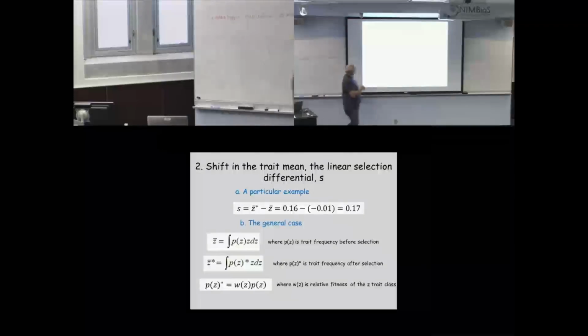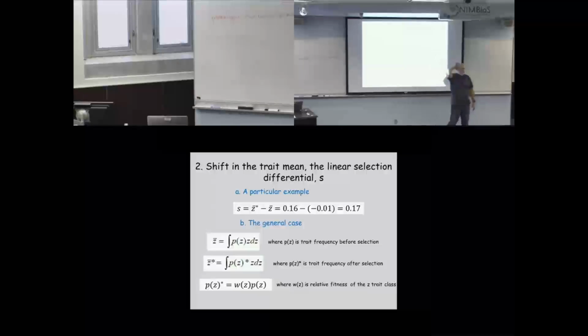Yeah, so this is the selection differential that we talked about before. Here's the mean after selection, which we're going to signify as Z bar star. And here's the mean before selection. It's very close to 1. I tried to do a standardization, but was off slightly, just because of the size of the sample. And so the shift in the mean is 0.17.